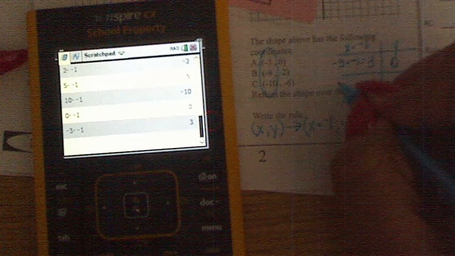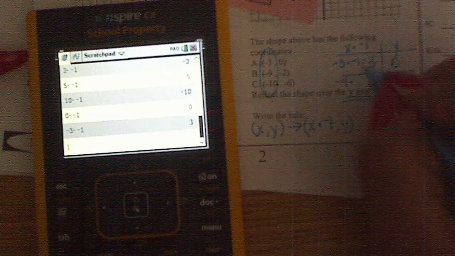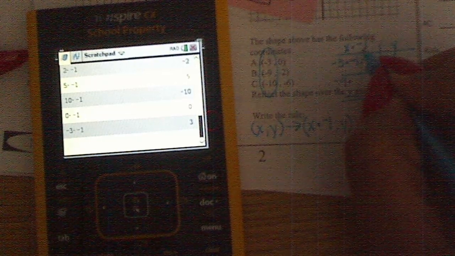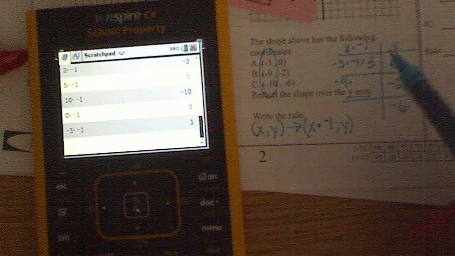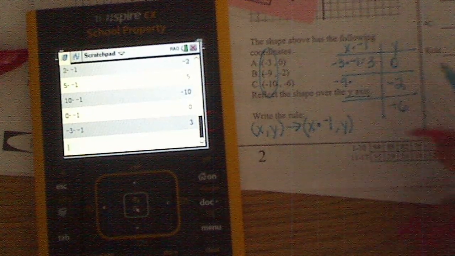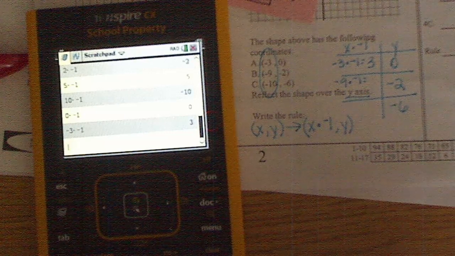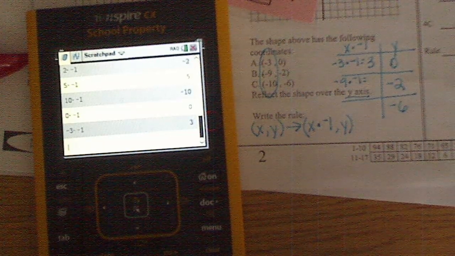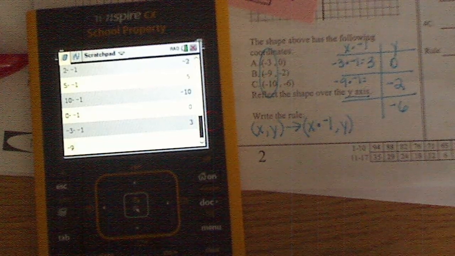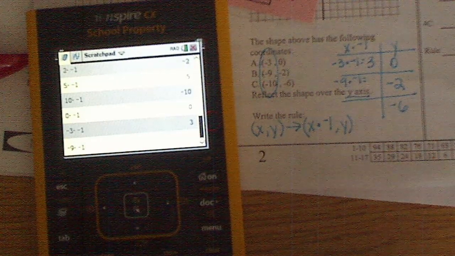-9 is my x value for point B. So I have -9 times what? -1, that's right, because that's my rule. So I put it in the calculator. Remember, when you put it in the calculator, you have to use the white minus key for negative, and then times -1.